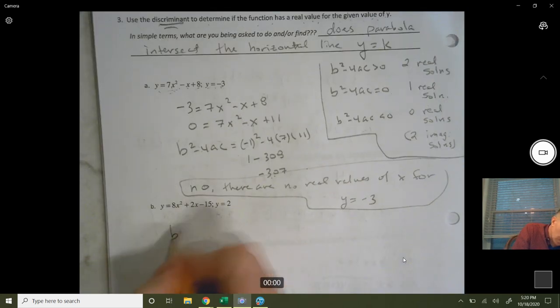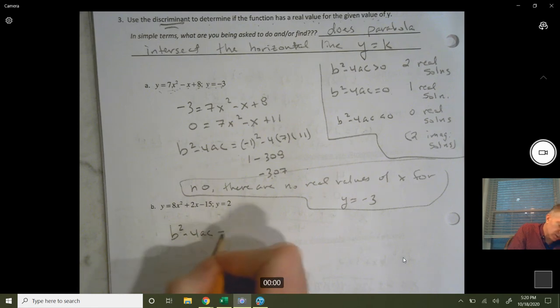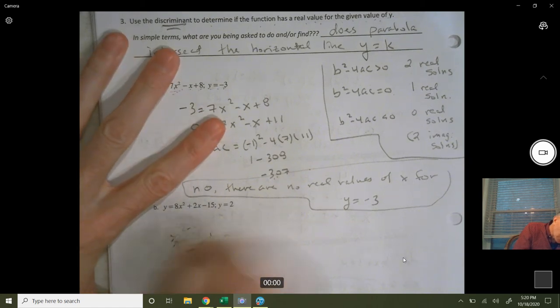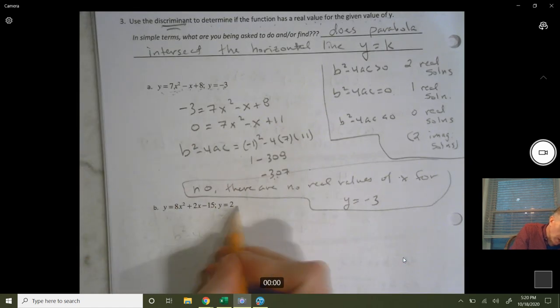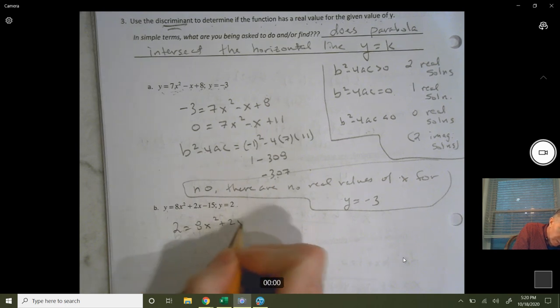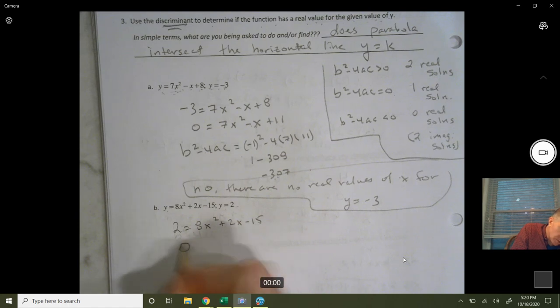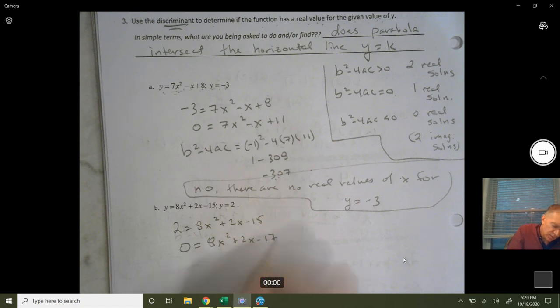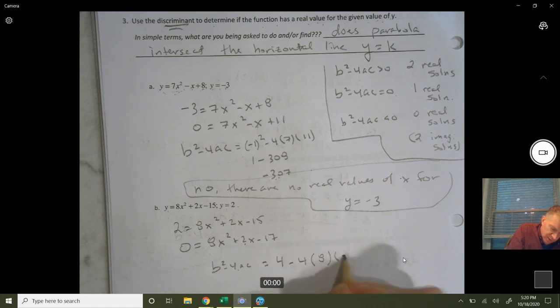Okay, let's try this one. Let's find our discriminant. B squared minus 4ac. We didn't do the first step. First, we have to plug in 2 for y. So 2 equals 8x squared plus 2x minus 15. Subtract 2 from both sides. Let's find our discriminant, which is b squared, so 2 squared, minus 4 times 8 times negative 17.